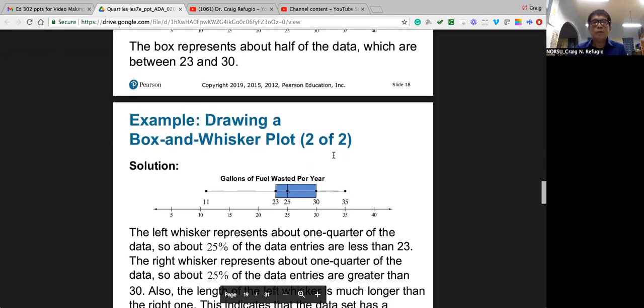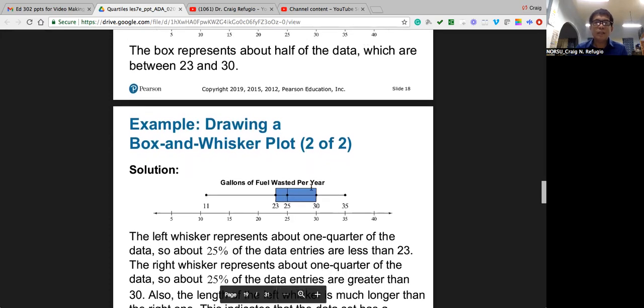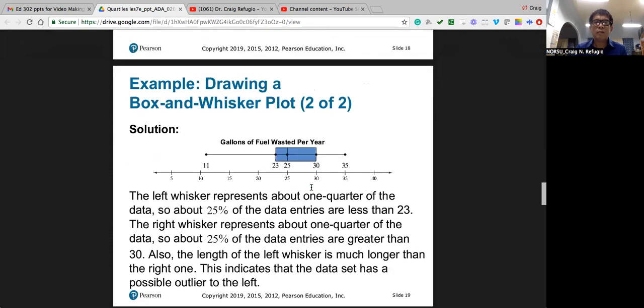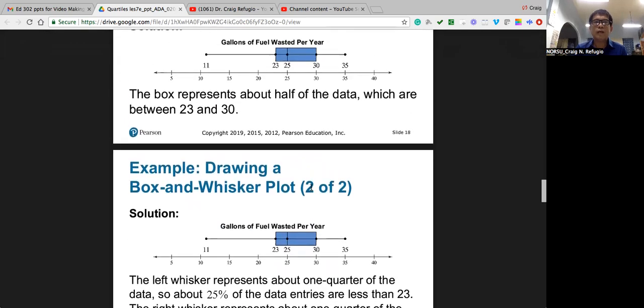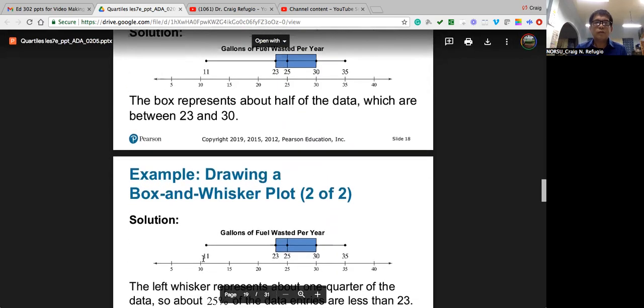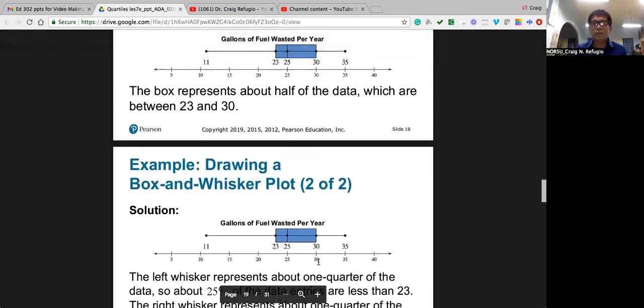So we have also another example here, gallons of fuel wasted per year. So we have now here 5, 10, 15, 20, 25, 30, 35, 40. By the way, in real application, the interval would depend on your choice.